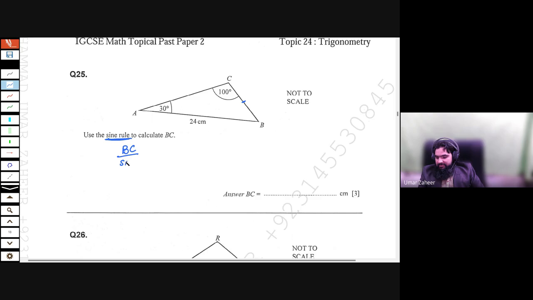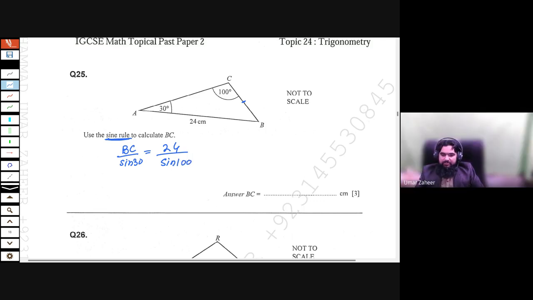BC divided by sine of 30 is equal to 24 divided by sine of 100. Side divided by sine of its opposite angle. Now we have to find BC. So sine 30 is dividing here, on the other side it will be multiply. Yes, find the value.